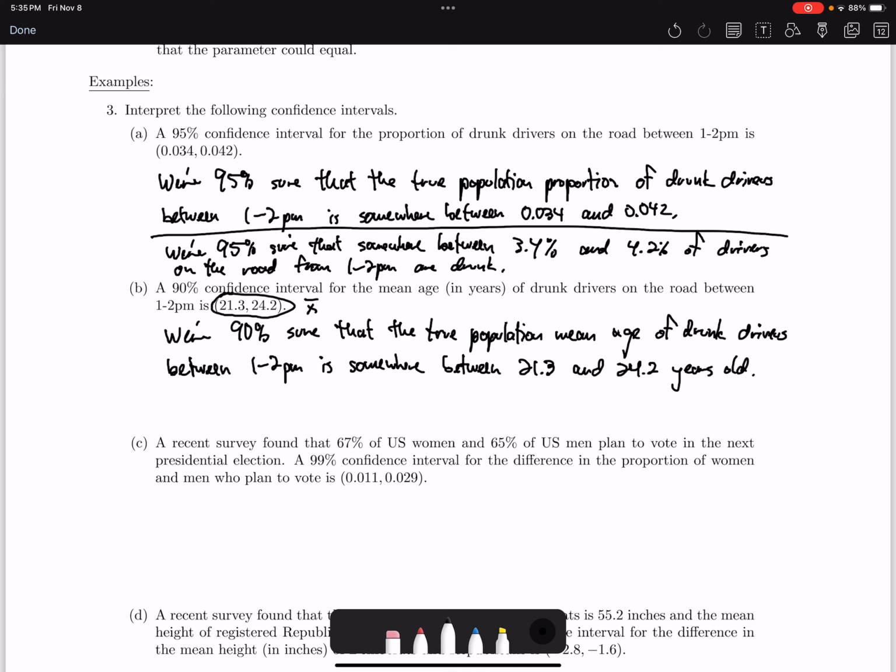But they might come up with that sample mean. We're 0% sure that the population mean would be 21.7 though, right? The researchers got this sample mean. They're 100% sure that in their sample of however many drivers, the sample mean is 21.7, 0% sure that the population mean is 21.7. But we are 90% sure that the population mean is somewhere between 21.3 and 24.2, right? So this is the idea behind confidence intervals.